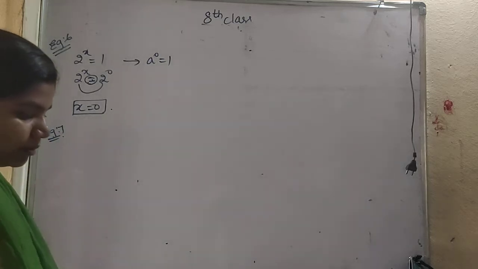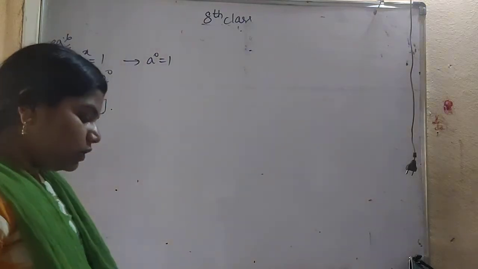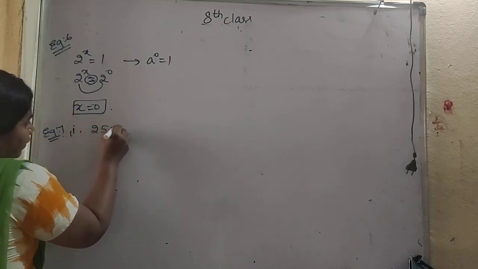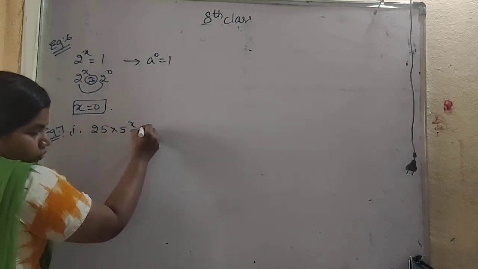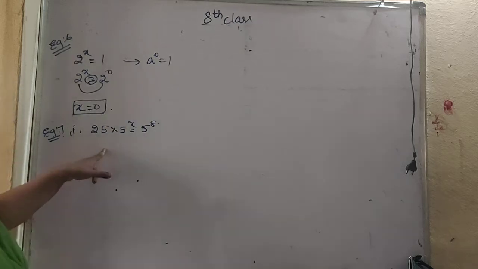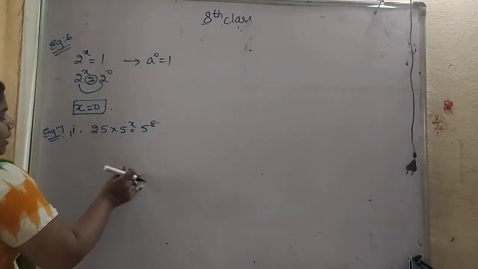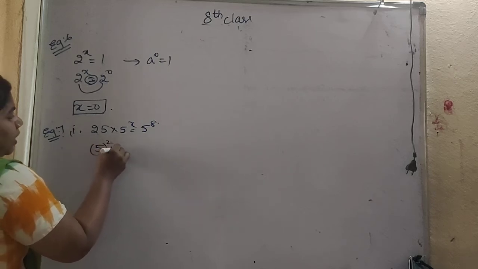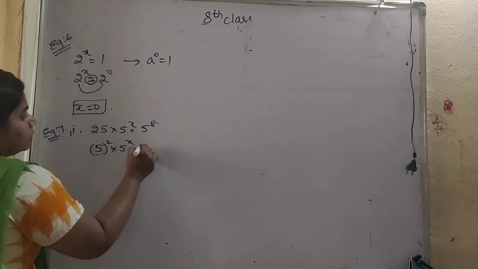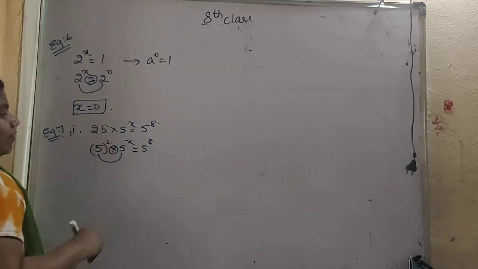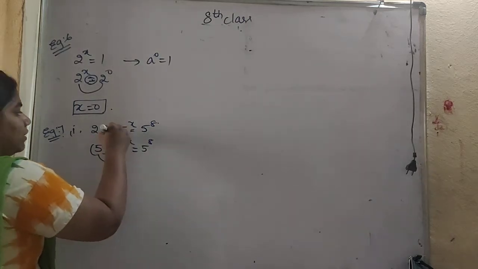So what is example number 7? We have to find the x values. In that, the first one is 25 into 5^x is equal to 5^8. This 25 I am writing in the form of prime factors. 25 can be written as 5 square into 5^x is equal to 5^8. Here both bases are equal. In the middle you have a multiplication sign, so we can add the powers.